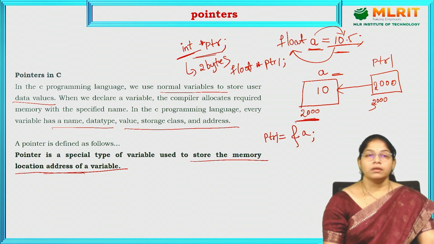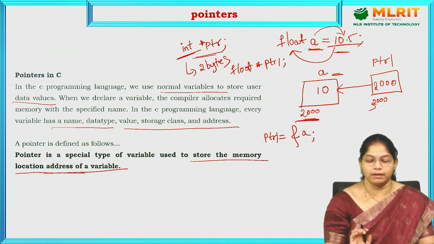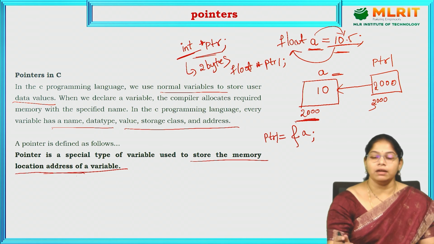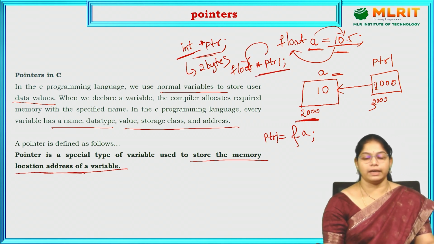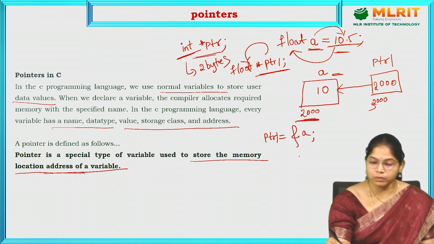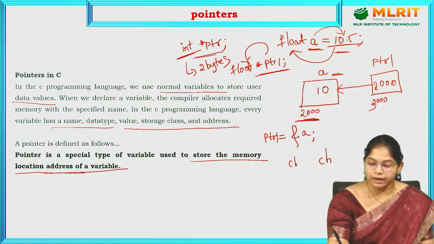Suppose I want to store the address of a variable which is holding character data, then our pointer must also be of that type. So suppose here we have ch, a variable of type character.